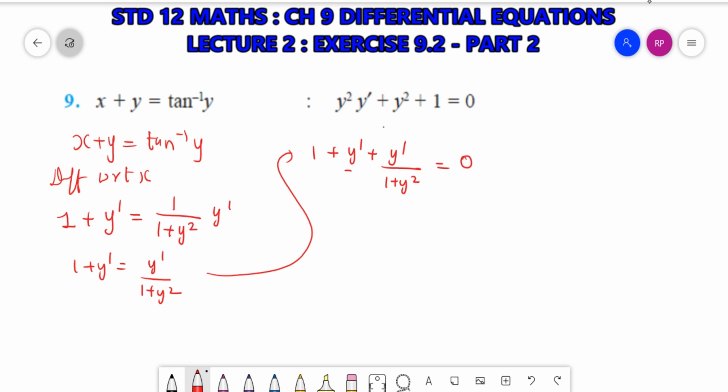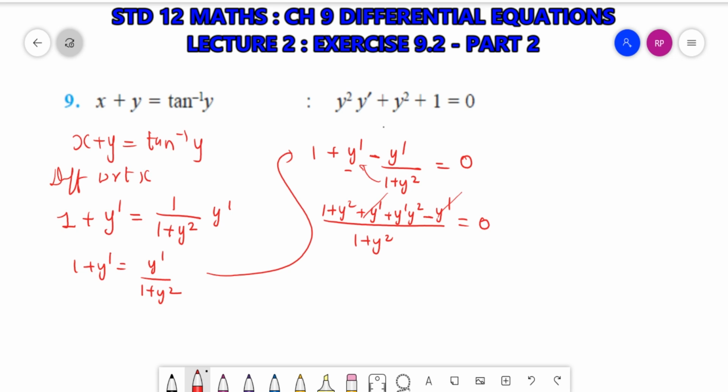I can take y dash common here, or else let's take LCM. 1 plus y square into 1, 1 plus y square; 1 plus y square into y dash, 1 into y dash; and this will be minus, not plus, y dash y square minus y dash equal to 0.